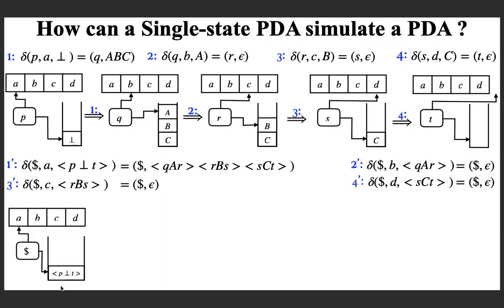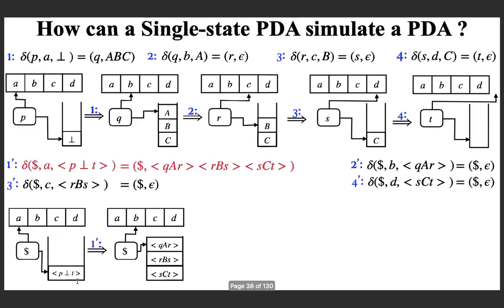Assume that there is a single final state. So that is the bottom of stack symbol that you need in the new machine: the original start state, the original final state, and the original bottom of stack symbol. That is the triple defining the bottom of stack symbol for the constructed single state PDA.